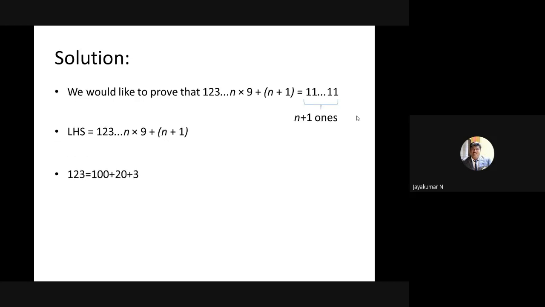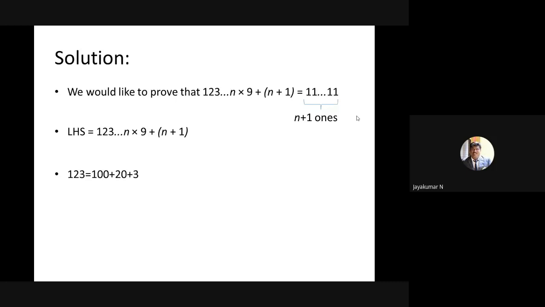Before going to prove, a few observations are needed. If you have these observations, then only you will be able to prove the problem or the number pattern. How do you write 123? Often 123 is 100 plus 20 plus 3.